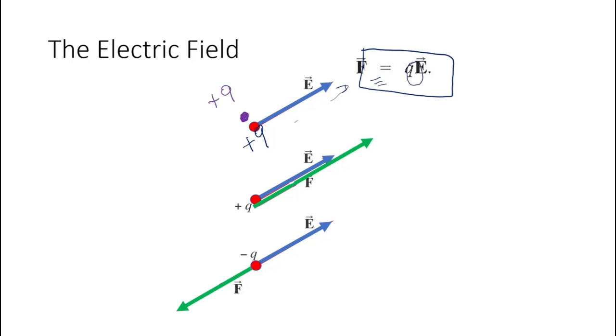If I have a positive charge here, the electric force and electric field will be in the same direction. If I have a negative charge, the electric force will be in the opposite direction of the electric field.